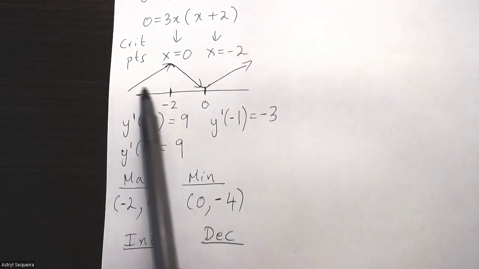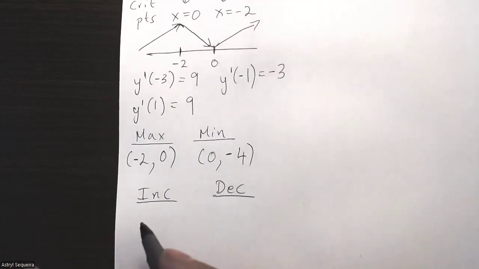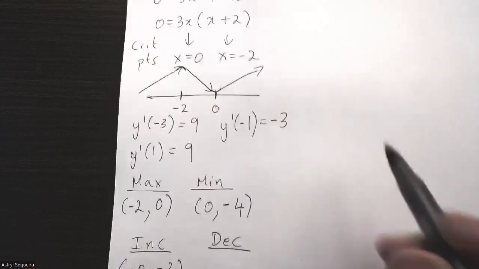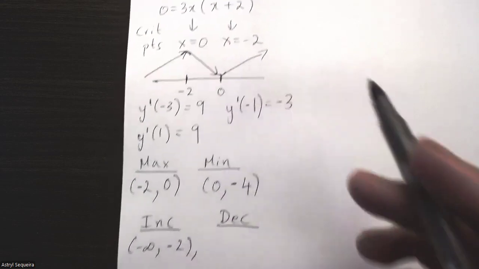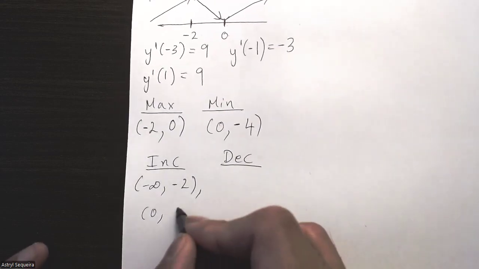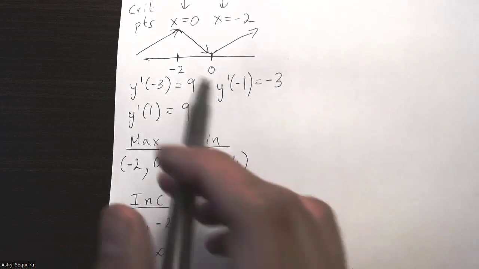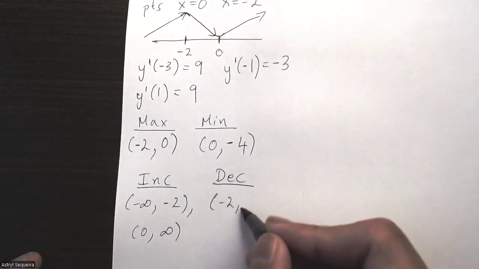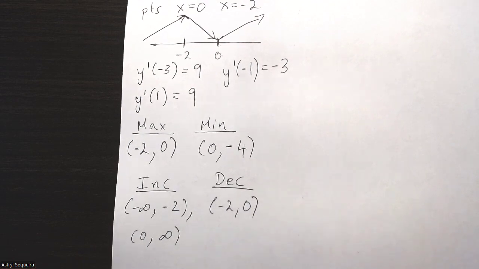So if I look over here, this is an interval of increase from -infinity till -2, and then I have another interval of increase here from 0 to +infinity. I only have one interval of decrease, which is from -2 till 0.